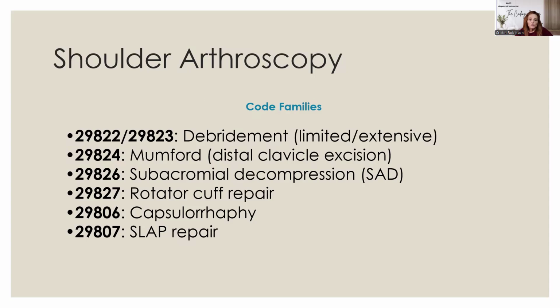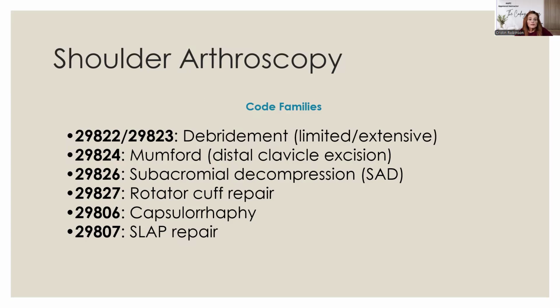Code 29824 is for a distal clavicle excision or Mumford procedure. The Mumford procedure, also known as distal clavicle excision, is a surgical intervention aimed at alleviating shoulder pain caused by acromioclavicular joint issues.